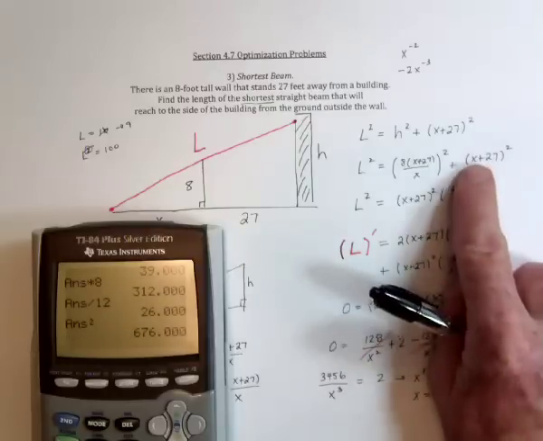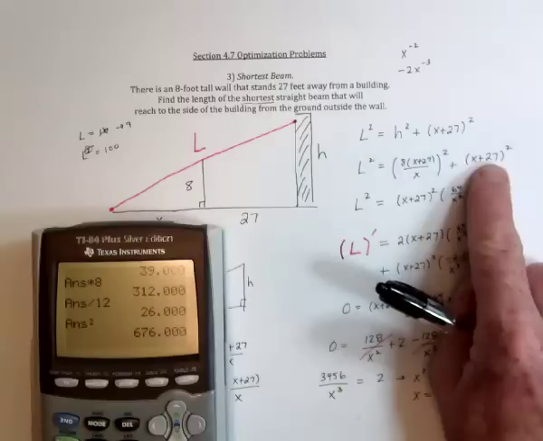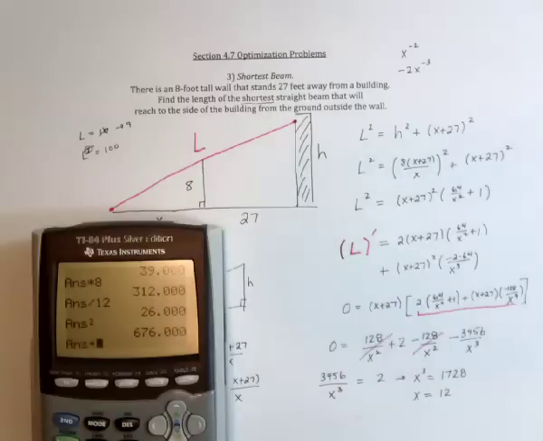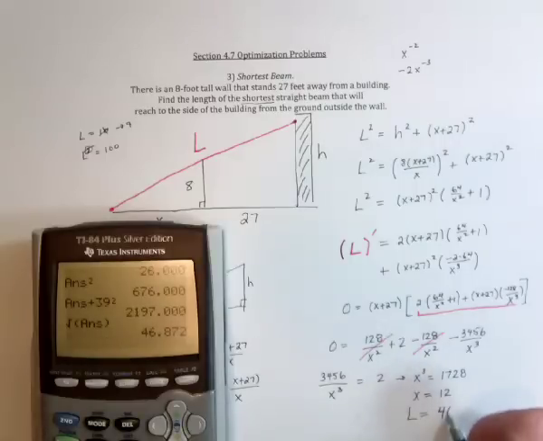And then this is the 12 plus the 27 is 39 squared, so plus another 39 squared. And so finally take the square root of that. So the board or beam should be 46.872 feet long.